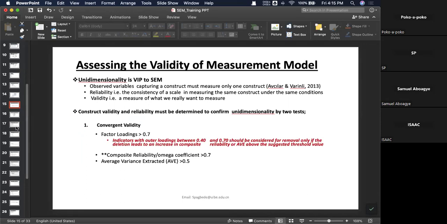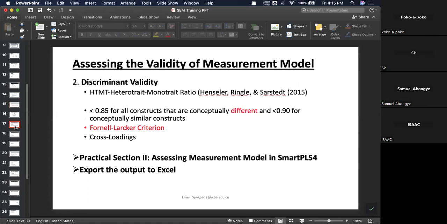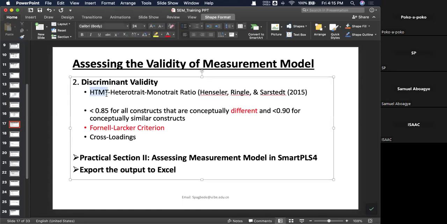And you've also performed your discriminant analysis, and you've chosen any of the criteria. But please, as much as possible, try and stick to this or this. Try to avoid cross-loadings. Cross-loadings is very subjective. So to the best of your ability, try to use either the HTMT criterion or the Fornell-Larcker criterion. It's more robust.